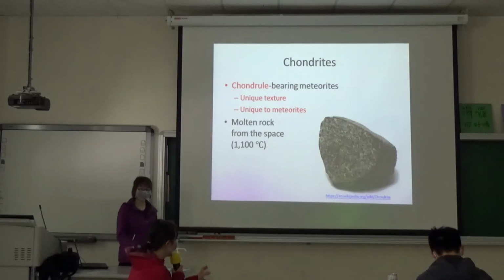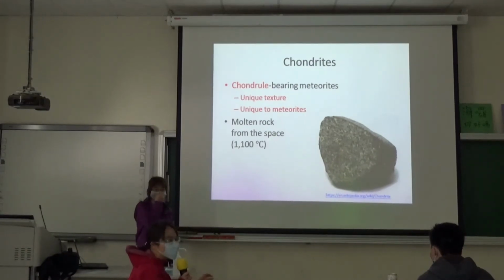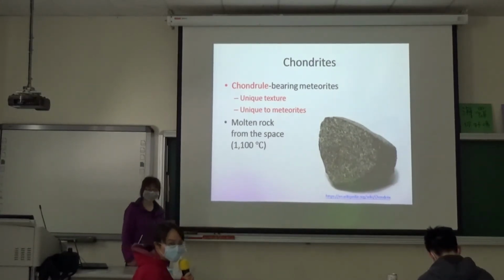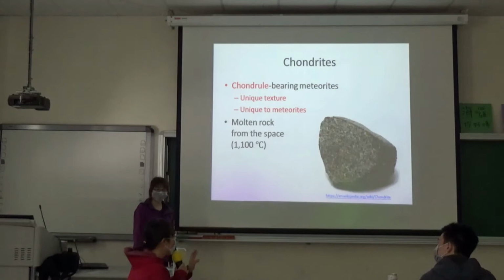So it's the high temperature mineral phase, which means all the low temperature material is evaporated. Therefore, ordinary chondrites were formed in the solar nebula at a hotter zone, 在热区形成的.